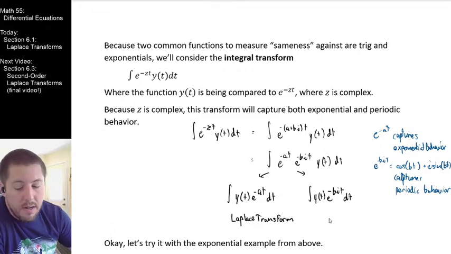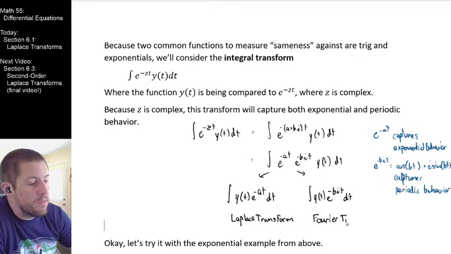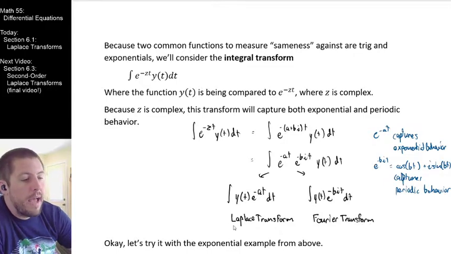This one over here is another thing that you are all going to study when you take your next calculus course. This is called a Fourier transform. So these are two different integral transforms that help us measure similarity between two functions.